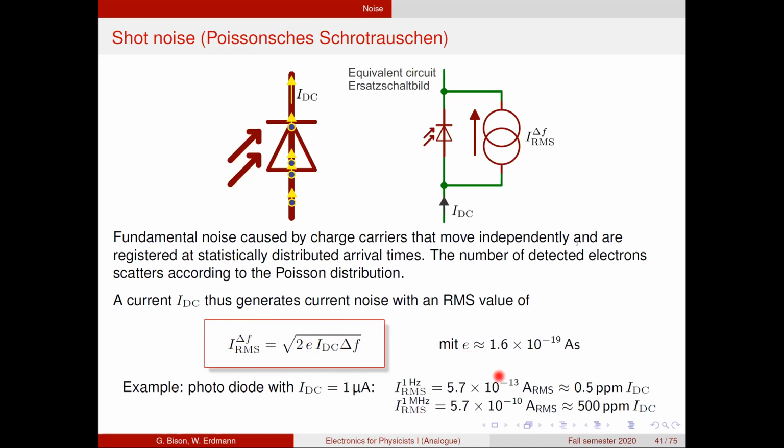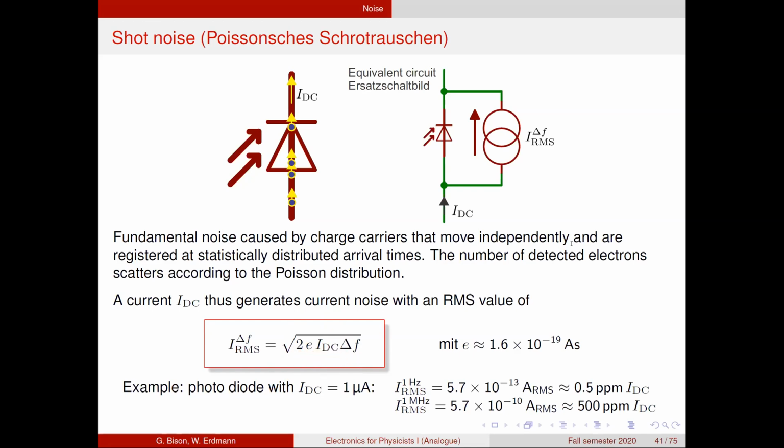Of course, the electron charge is a very small number, and so if you multiply the current with the electron charge, you get a measure of the number of electrons in a given time interval that carry your current. And so you see the counting statistics is built into this formula in this way.